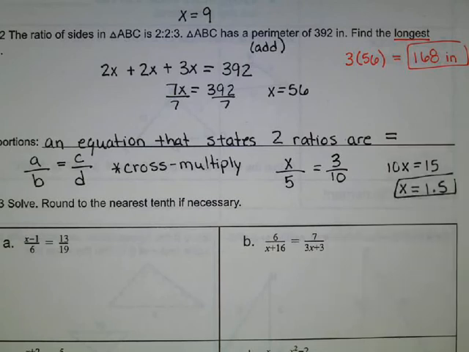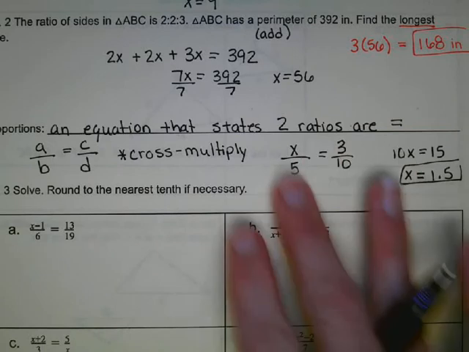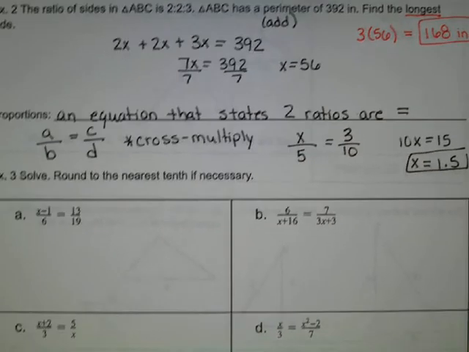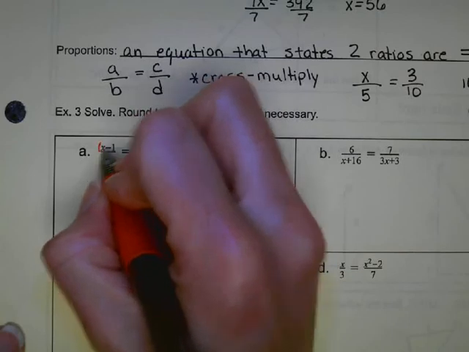So that's cross multiplying. We're going to do it on a little bit grander scale. We're going to do a little more algebra to these instead of these very basic ones that I know we do in 6th or 7th grade. So on these, anytime you see a problem that has a plus or a minus sign in it, I want you to put that one in parentheses.